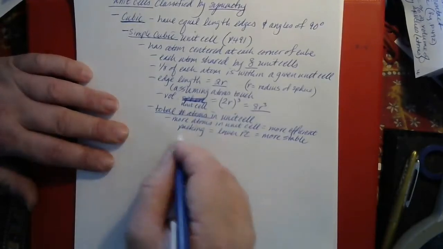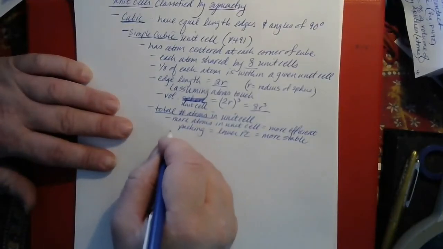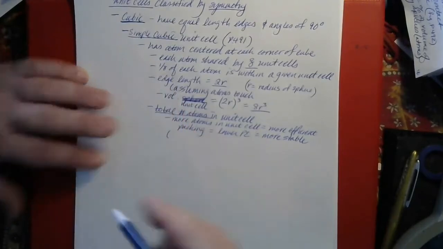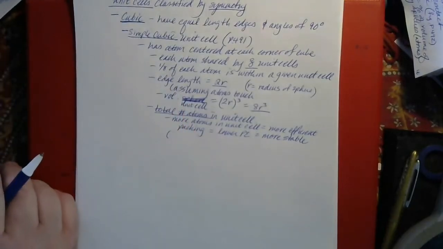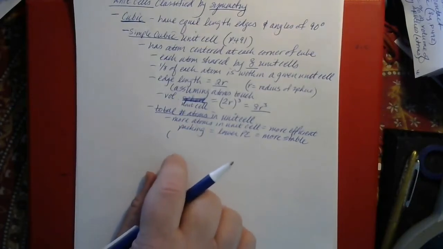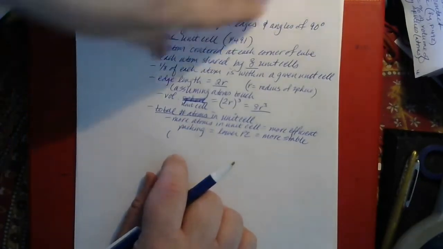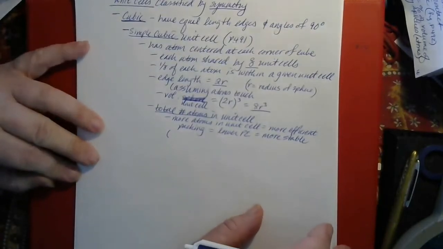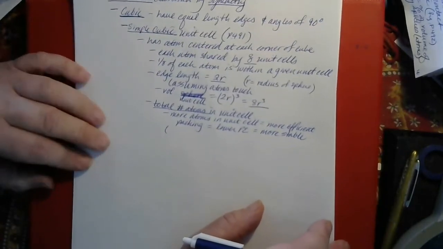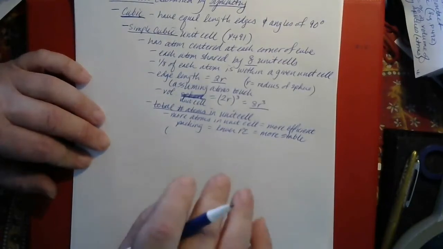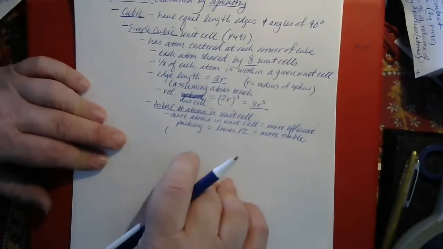For a simple cubic unit cell, as we saw when we looked at the unit cell, what's inside the unit cell is actually several pieces of atoms. For the simple cubic unit cell, there is no single atom that's completely within the unit cell. So what we have to do is add up all the fractions of atoms that are within the unit cell.